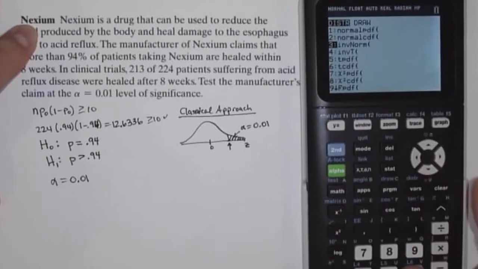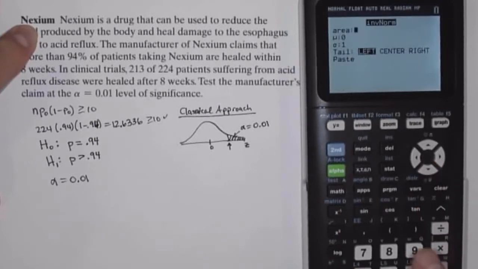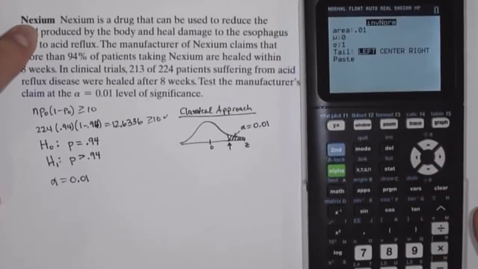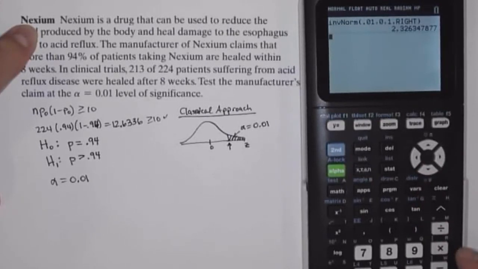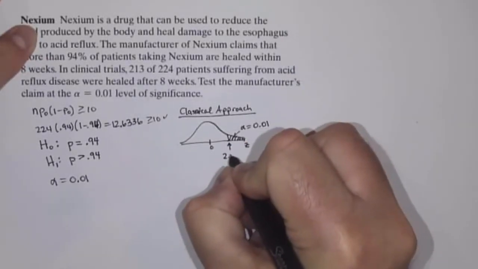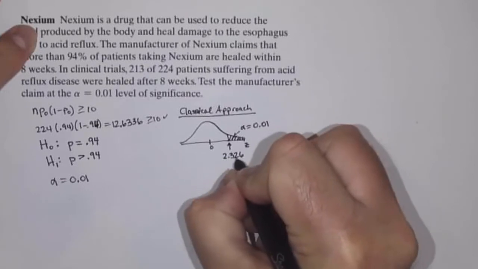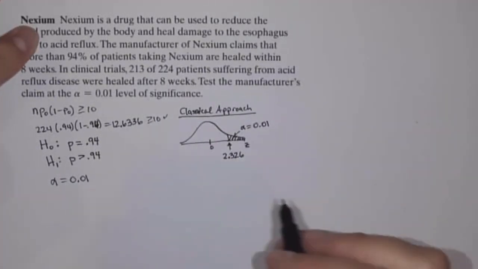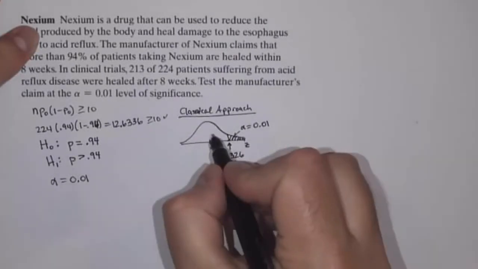So if I go to inverse norm, my area is 0.01 in the right tail. So I'm going to choose 0.01 as the area in the right tail. And so that value is going to be about 2.326. So this critical value is 2.326. Now again, if you had an older calculator, then you always have to put in the area to the left.